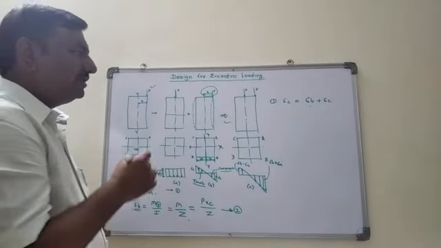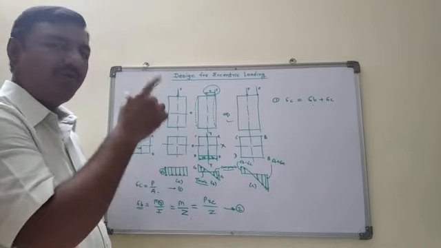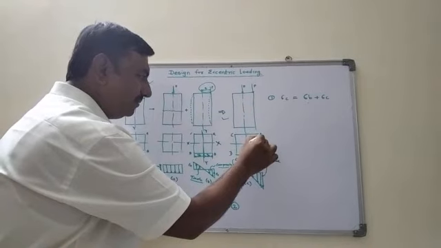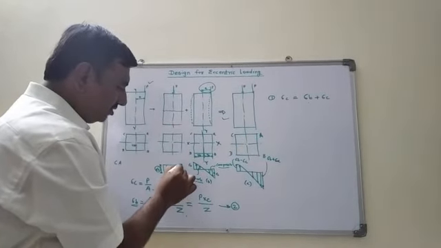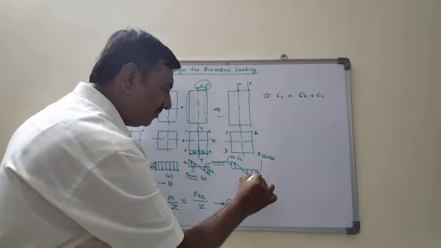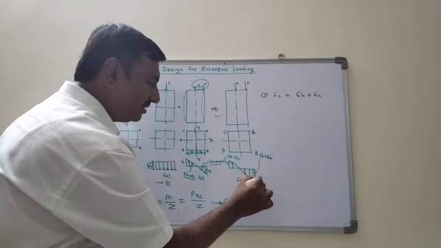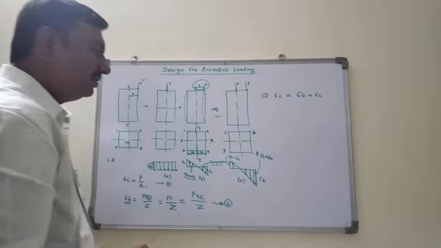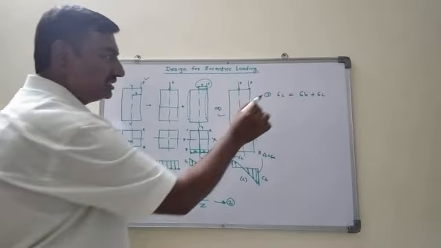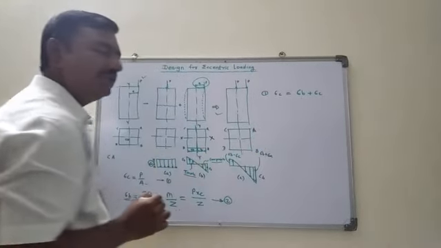This is the equation we have to use to calculate the net magnitude on the compressive side at the edge AB, because this is the compressive stress sigma c. Again, this is the magnitude of the stress at the inner surface or inner fiber, sigma b. So we can write the net resultant compressive stress is equal to sigma b plus sigma c. This is the equation we have to use.